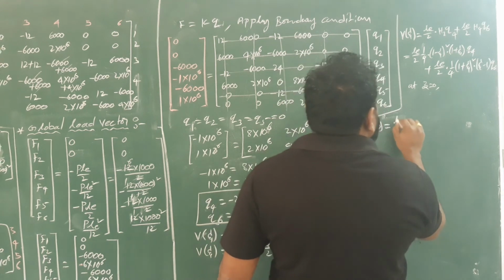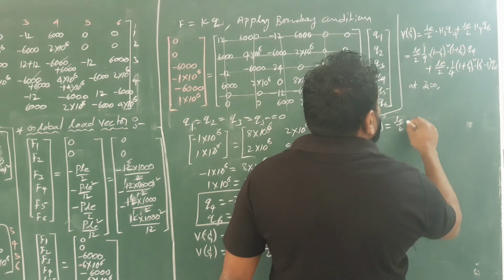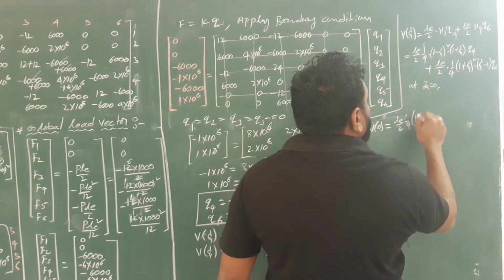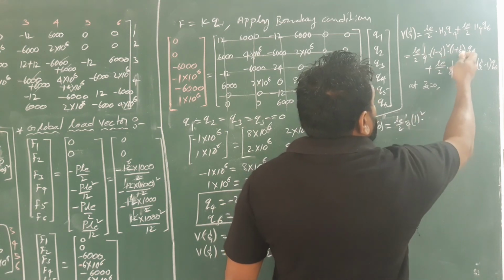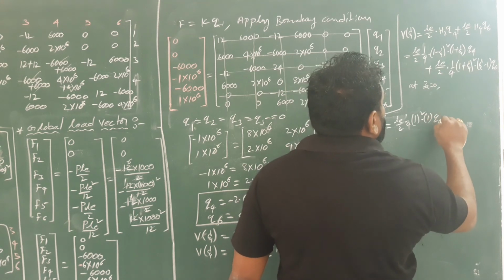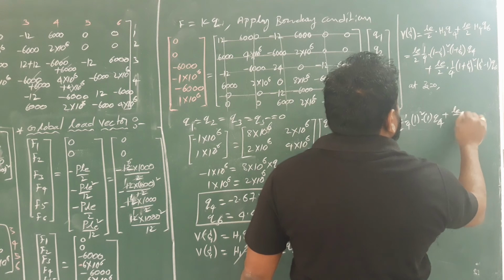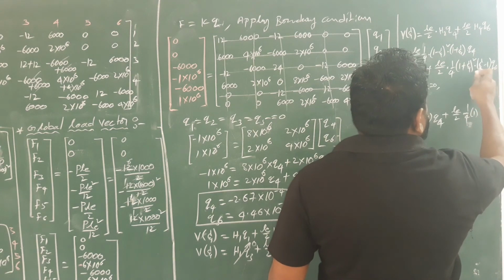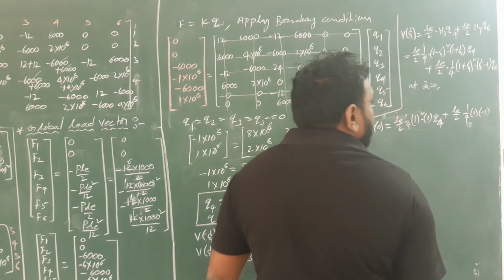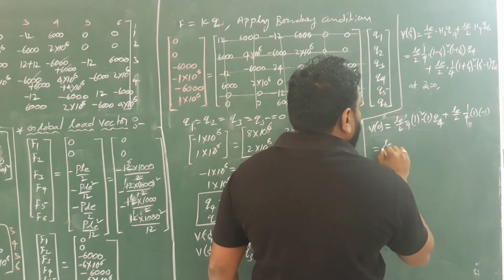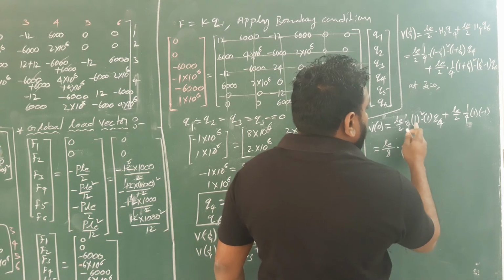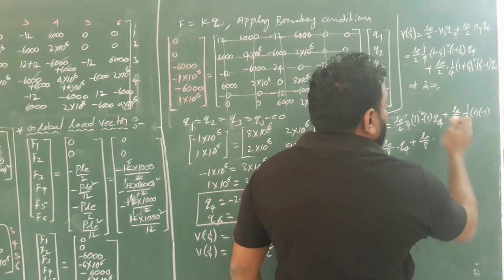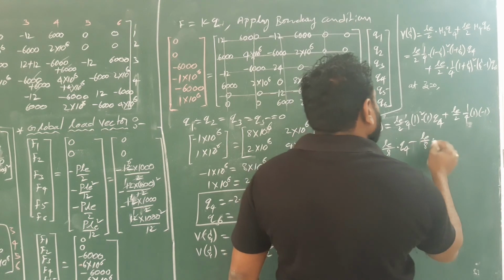V of 0 is equal to LE by 2 into 1 by 4 into (0 minus 1) square into 1 Q4 plus LE by 2 into 1 by 4 into 1, and J is 0 so it is minus 1, Q6. We get the final equation: LE by 8 into 1 into 1 Q4 plus LE by 8 into 1 into minus 1 Q6.